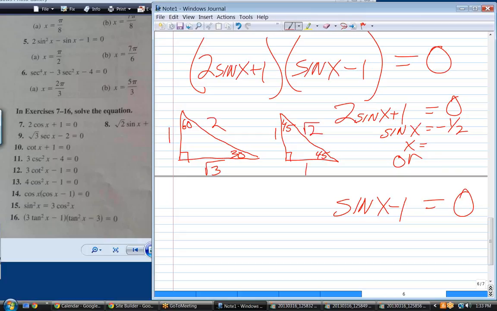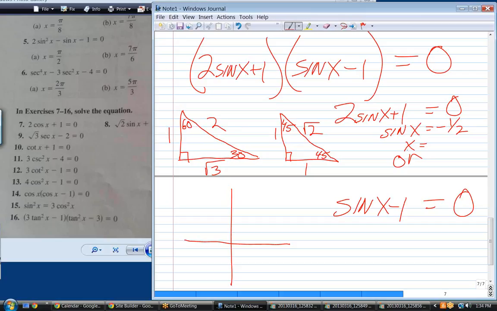So what angle is the sine of that angle equal to 1/2? 30 degrees, right? Opposite over hypotenuse. So the sine of 30 degrees is equal to 1/2.